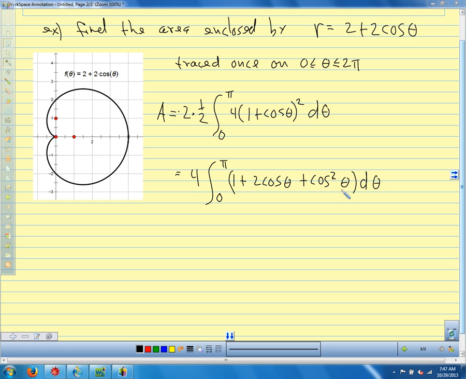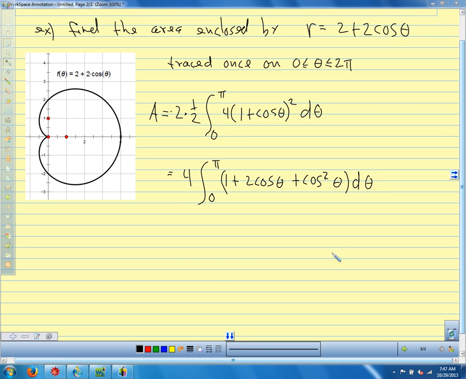Some kind of identity. So here's a big hint. If you need this identity on a quiz or a test, I would give it to you. But this identity comes up a whole lot when we're dealing with polar coordinates. So let me write it down over here. Cosine squared theta equals (1 plus cosine 2 theta) over 2.